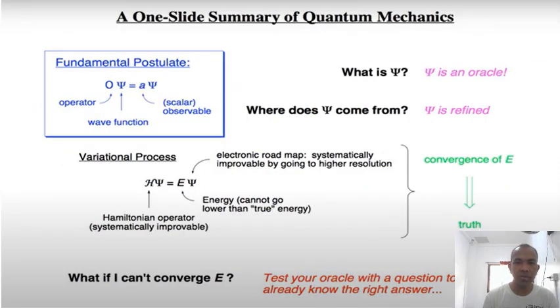Okay, this is in terms of review. We will focus on the wave function. We will take you all the way back to the foundational principles of quantum mechanics. They are all chunked here in a single slide, which I may have shown before. But the fundamental postulate of quantum mechanics is that there is this thing called the wave function, the symbol is psi.